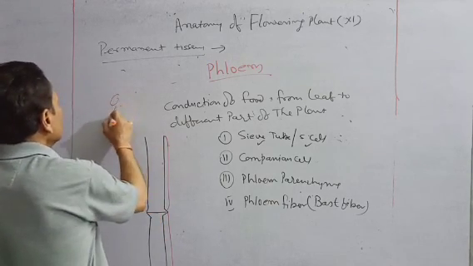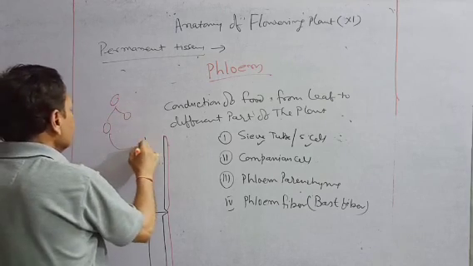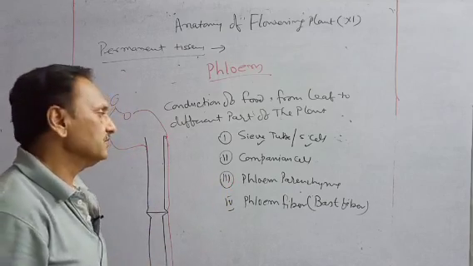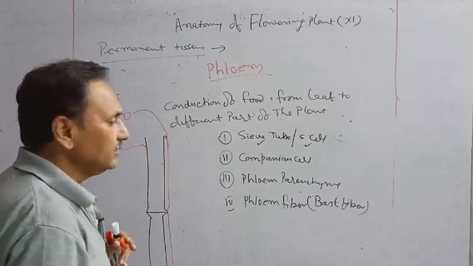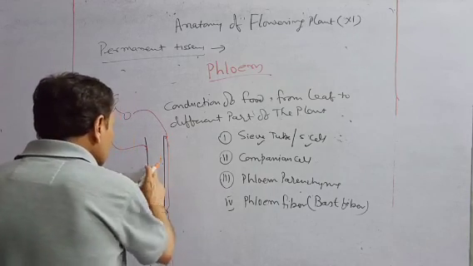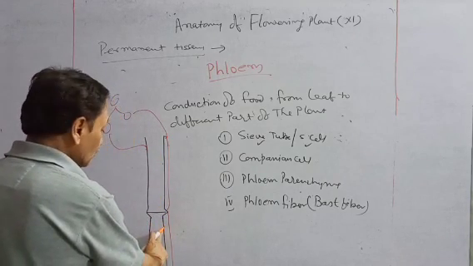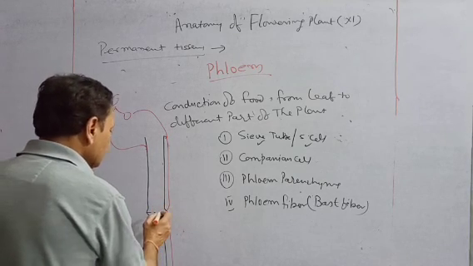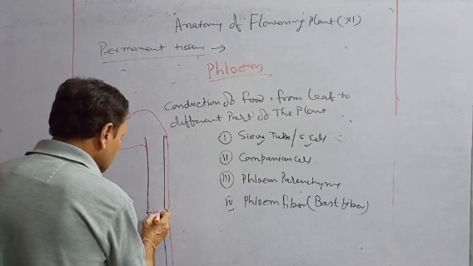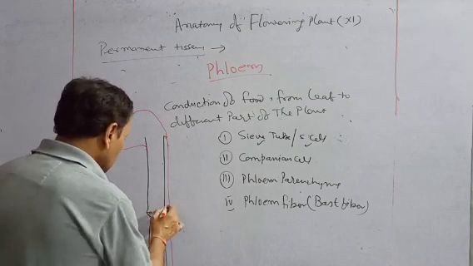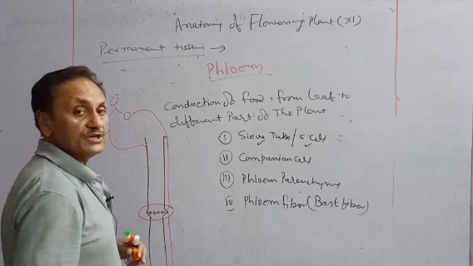Suppose one cell divides into two cells. One is responsible for this one, and another is responsible for this. So they are sisterly concerned, and the companion cell also provides food to the sieve tube. What happens? These two sieve tubes have passages. So many passages are present in this sieve tube, so it is called sieve plate.